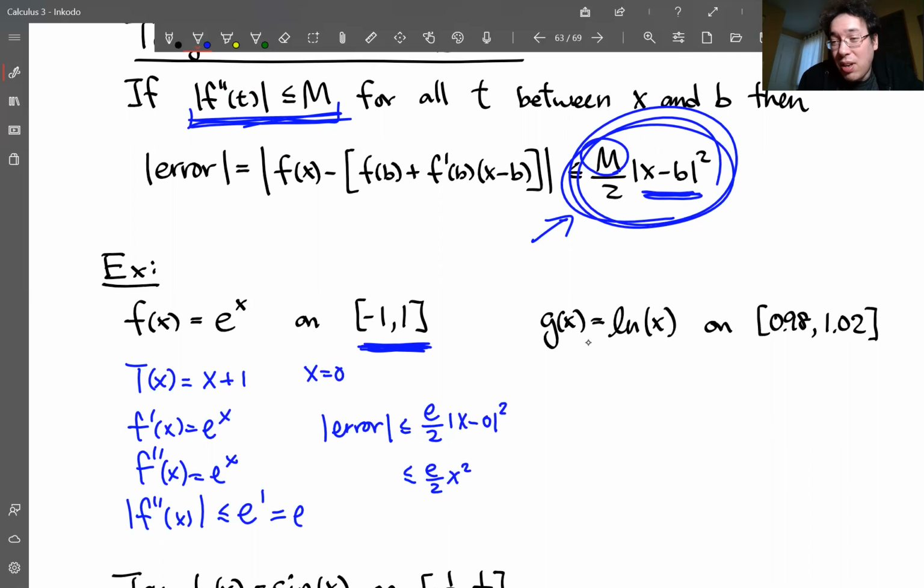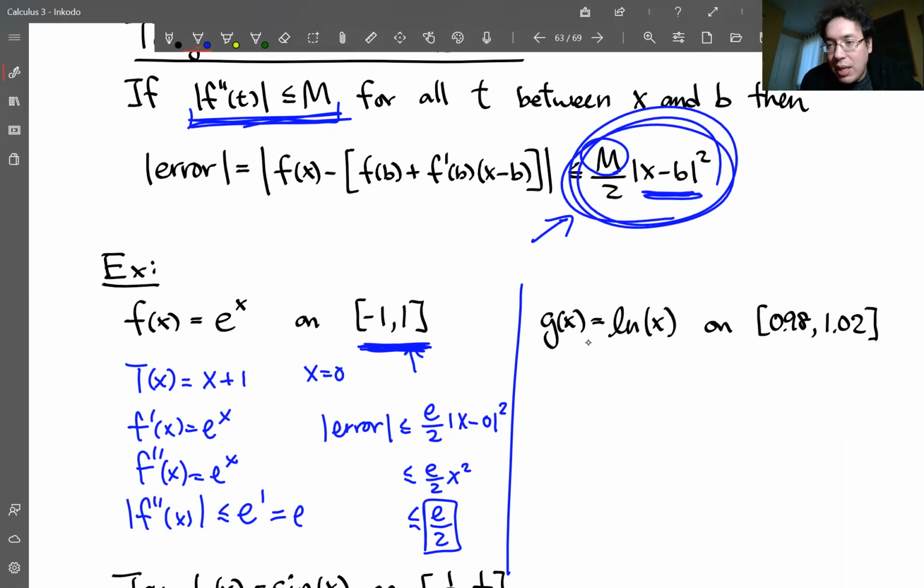X squared, the largest that is going to get is 1, right? So I might plug in x equals 1. And e divided by 2 is the worst error you can get in that interval. Okay, I hope that made sense.